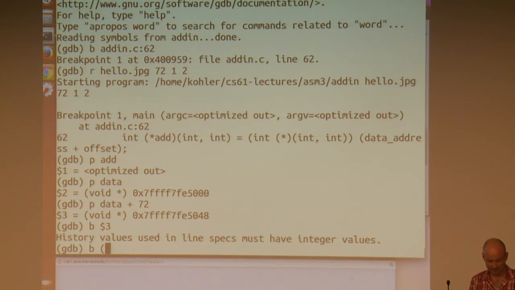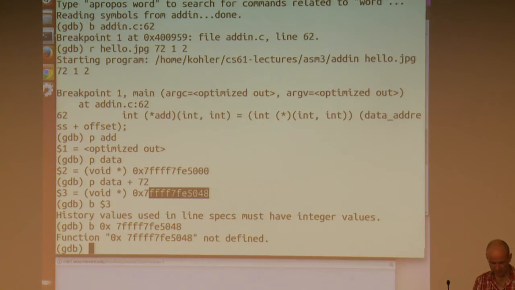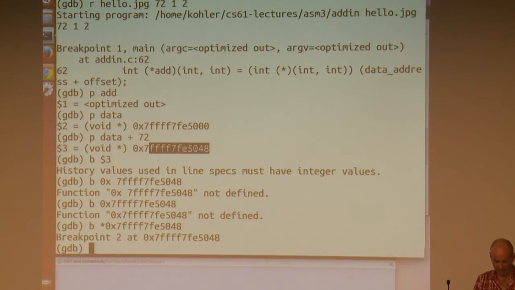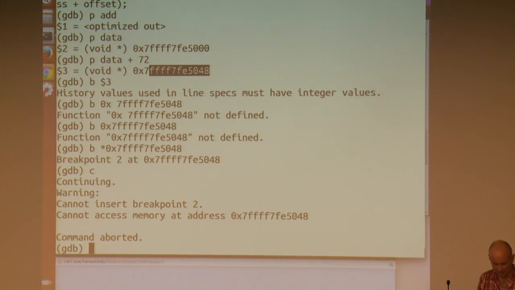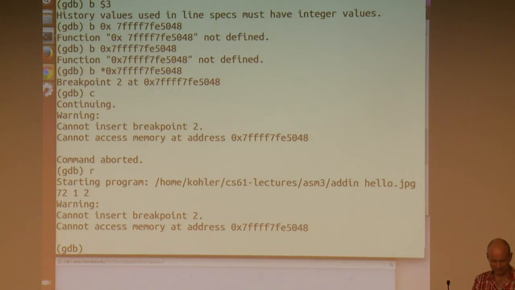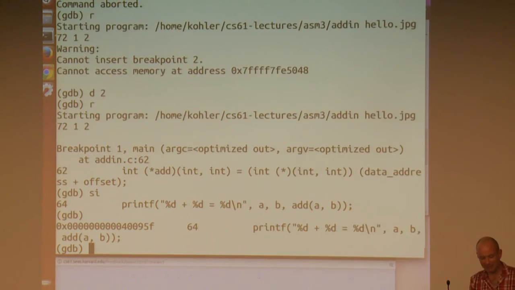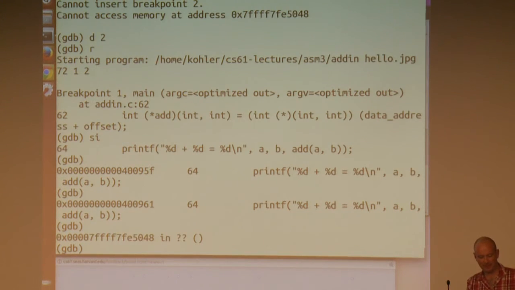I think I might, let's see, set a breakpoint, add a register. There we go. All right, we're just going to single step it instead. So I'm single stepping, I'm single stepping, I'm single stepping.